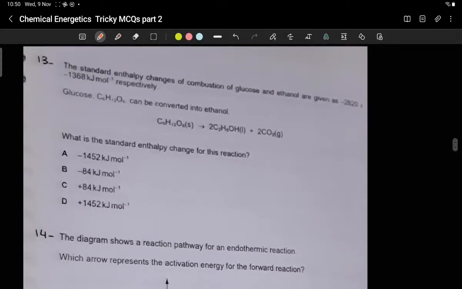Question number 13. The standard enthalpy change of combustion of glucose and ethanol are given as minus 2820 and minus 1368. This is enthalpy change of combustion. So this is one box, this is another box, and this is delta HR, the enthalpy change of reaction we have to find out. And draw another box for elements, plus hydrogen plus oxygen.